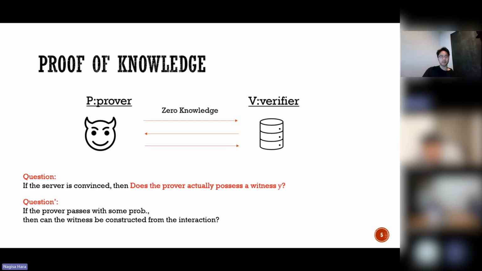So here we define the prover knowing some witness by showing that you can construct the information of the witness from interacting with the prover. This is how we define the knowledge, this is how we define the prover knowing the witness.